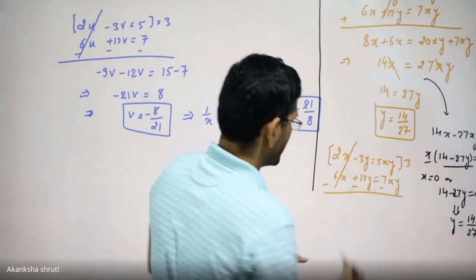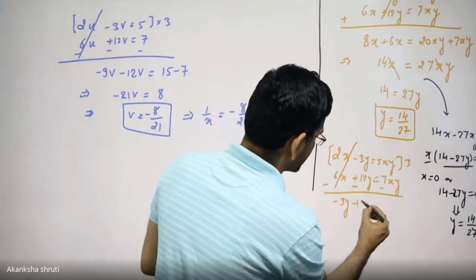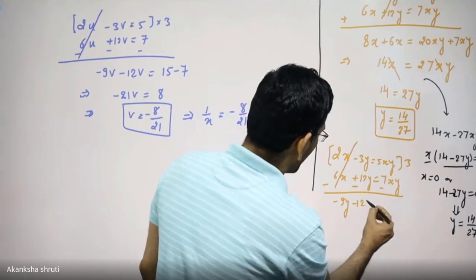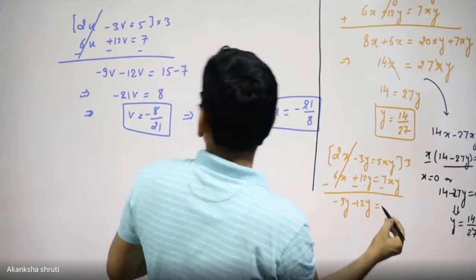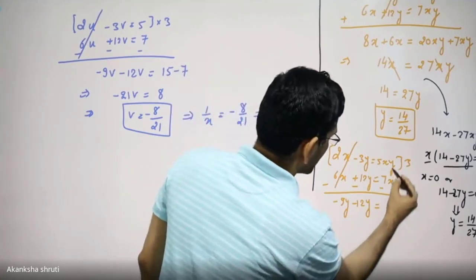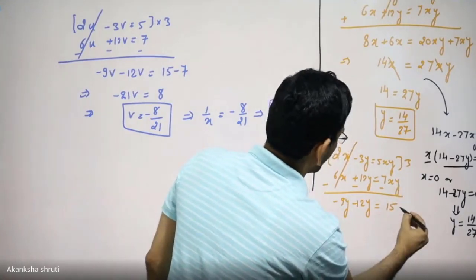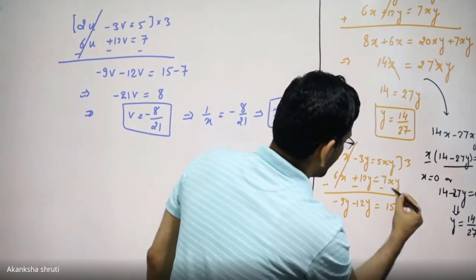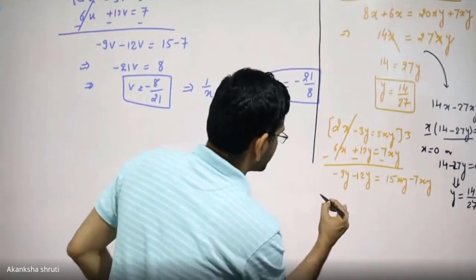3 times 3 is minus 9y, but the second one is minus 12y, is equal to, 5 times 3 is 15xy minus 7xy. Go for simplifying this.